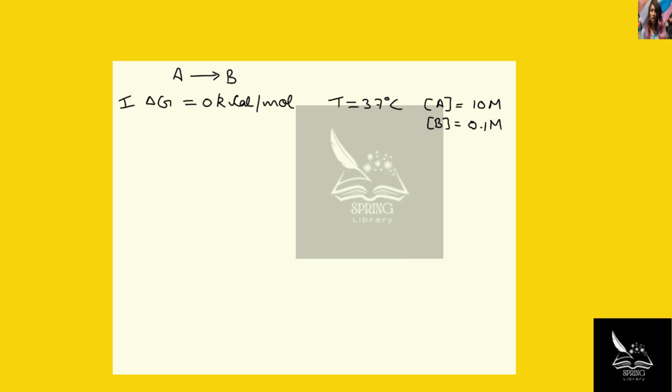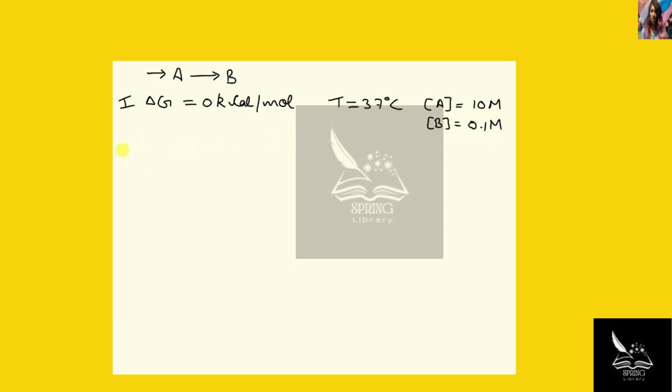Hello student. The question is to find the free energy change of the reaction where A is the reactant and B is the product. First, we have been given that delta G is 0 kcal per mole when the temperature is 37 degrees Celsius and the concentrations of A and B are 10 molar and 0.1 molar respectively.